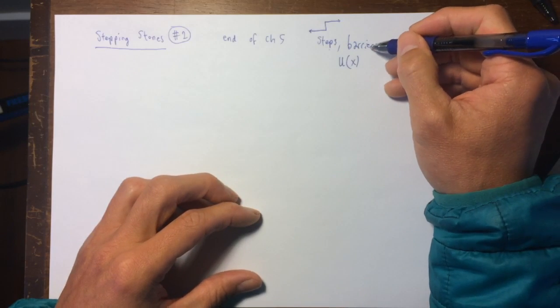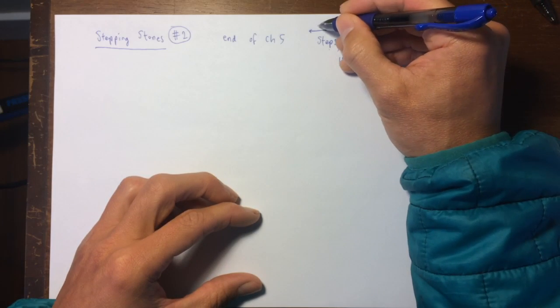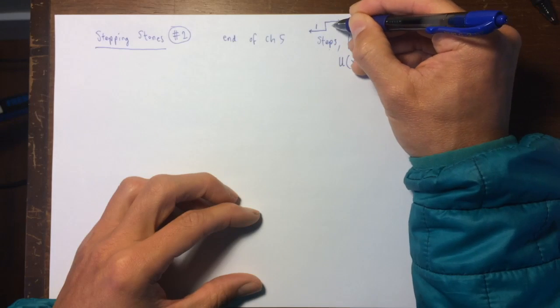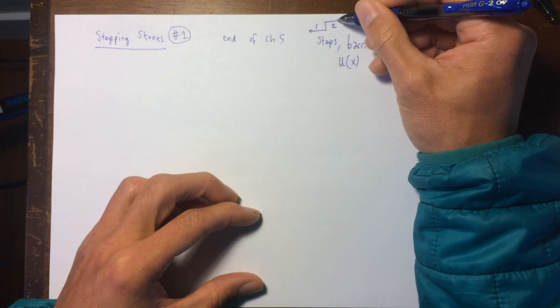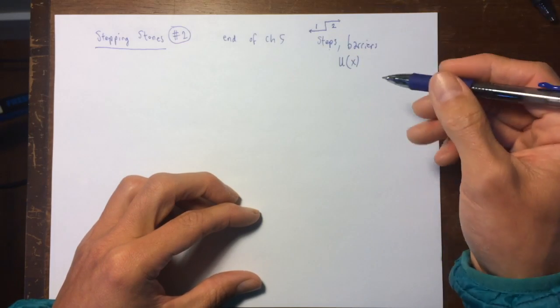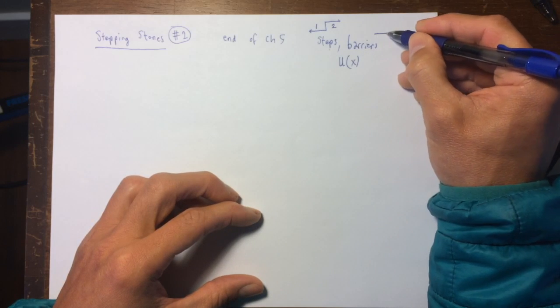A barrier is different from a step because a step really only has two regions, say region 1 and region 2, that are qualitatively different in terms of writing down Schrodinger's equation. A barrier actually has 3 regions.